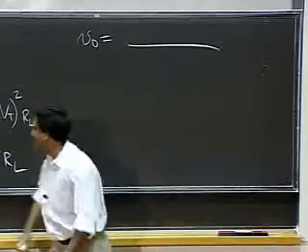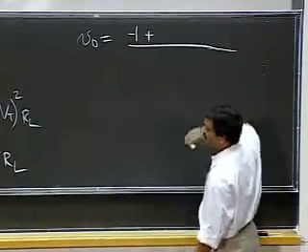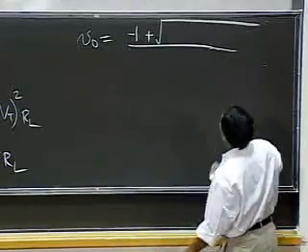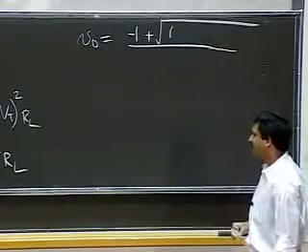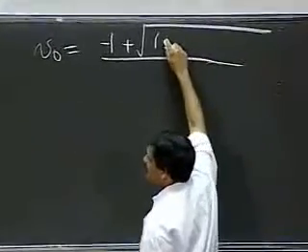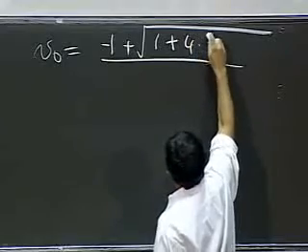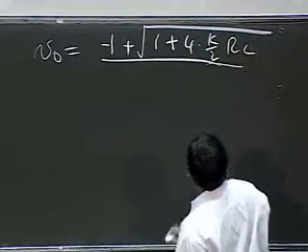The coefficient of V naught, that's b, is 1. Take the positive root because we're up in the positive voltages here. The square root of b squared, that's 1, minus 4ac, so I get a plus 4 times K divided by 2 RL.